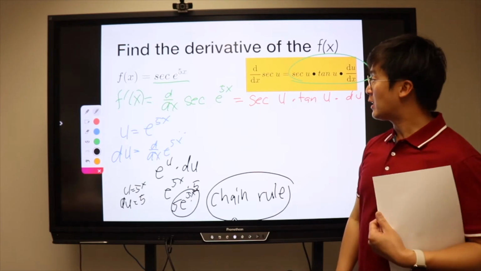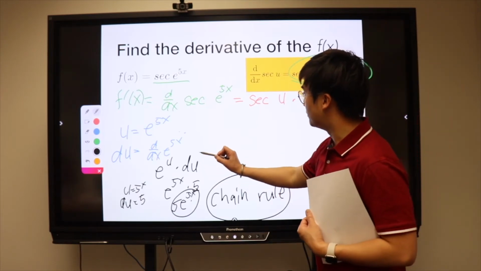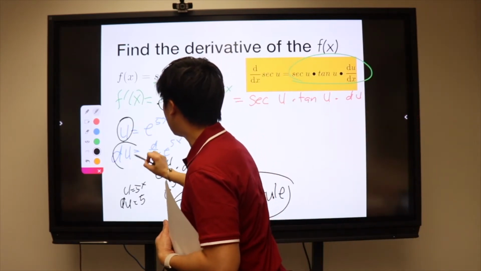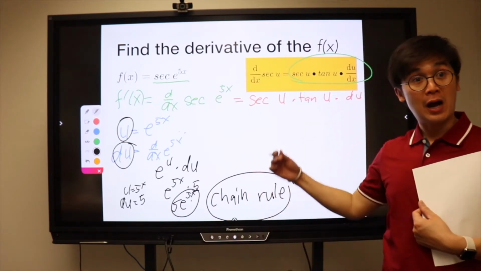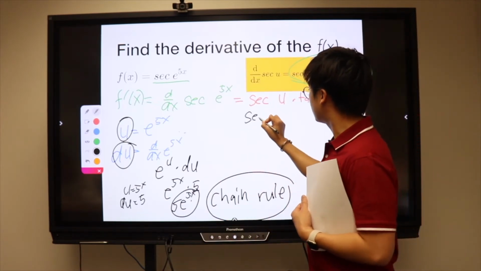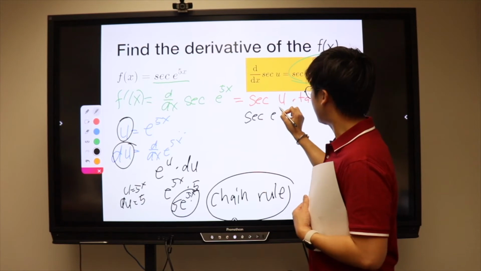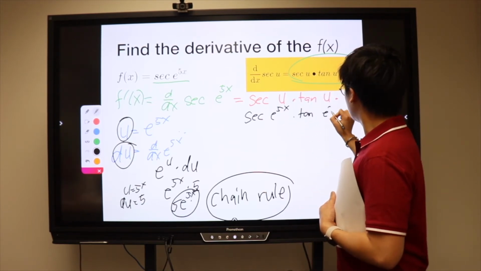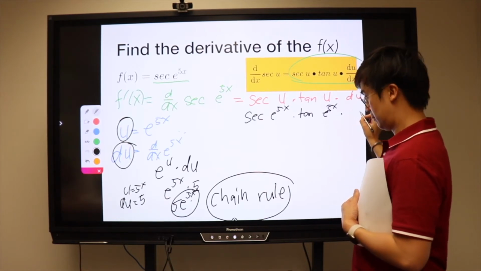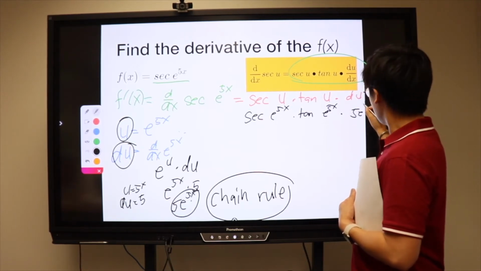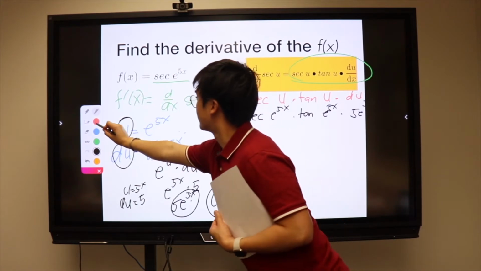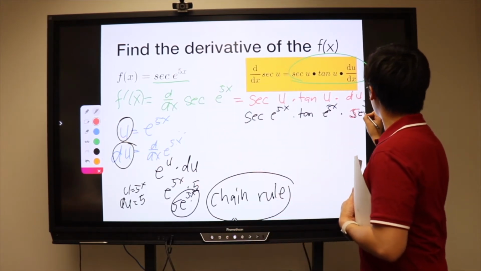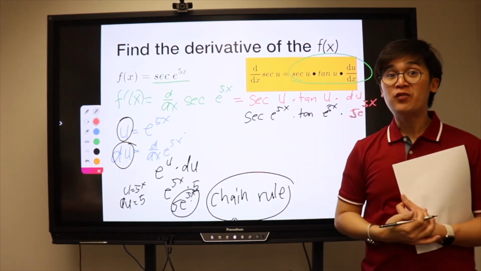Alright, so now that we have our u and du, we just need to write it down to our answer. Secant, what's u? E to the 5x, tangent, e to the 5x, times 5e to the 5x. And we're finished.